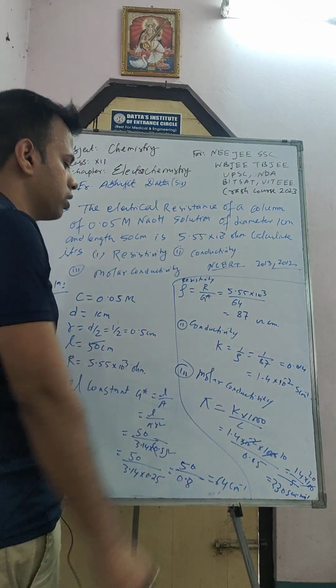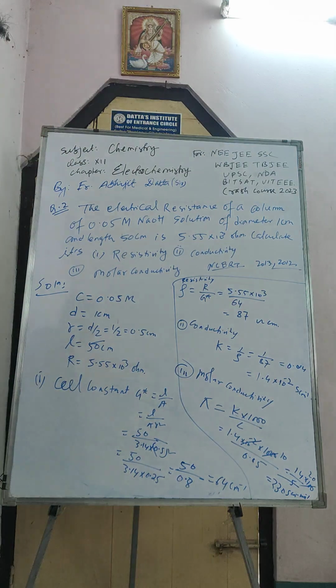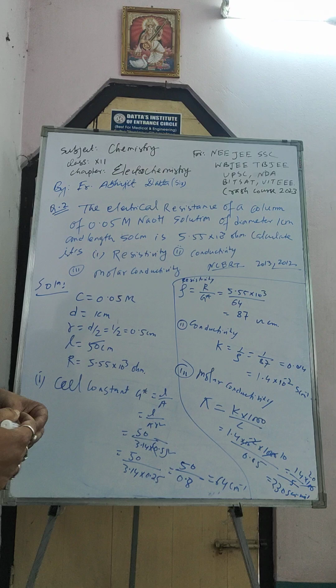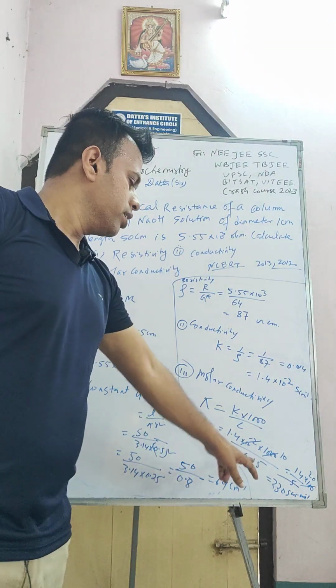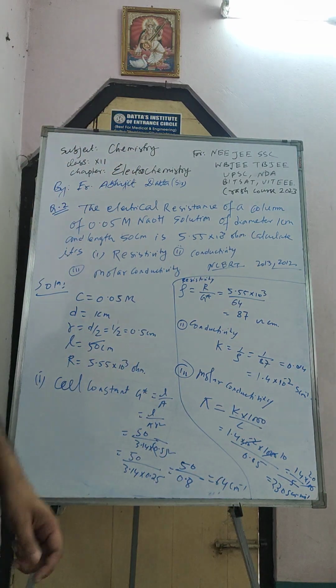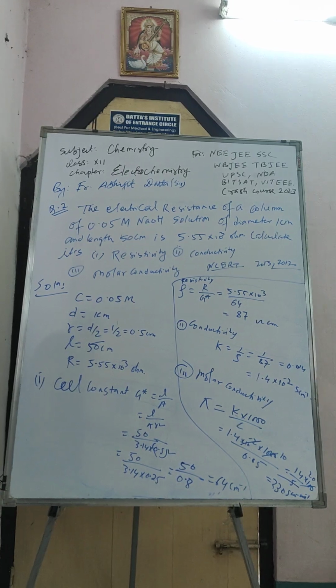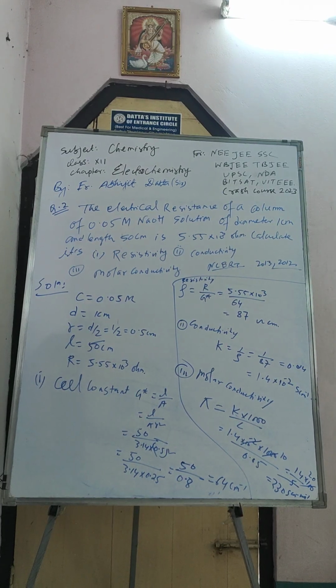And molar conductivity lambda equal to K into 1000 by C. After simplification, near about 230 ohm minus 1 centimeter square mole minus 1 came. This question came in an entrance exam last year.